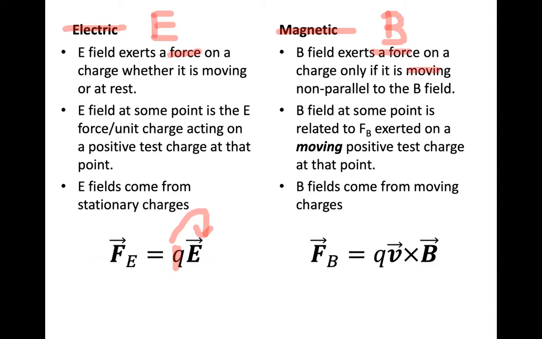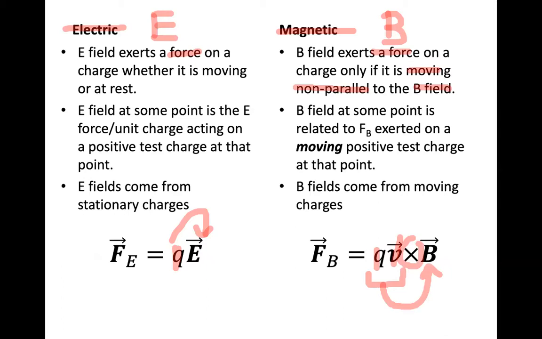So here's my charge. Now it has to be moving. There's a velocity vector. And wait a second, it has to be moving non-parallel to the B field. So this moving charge has to interact with that B field in such a way that it's moving non-parallel, which gives us a cross product.